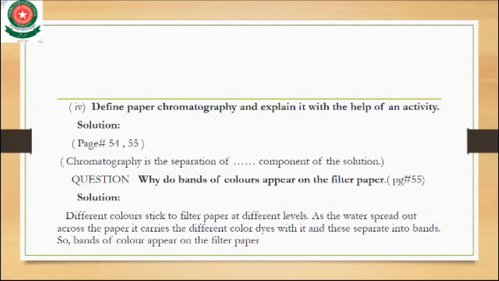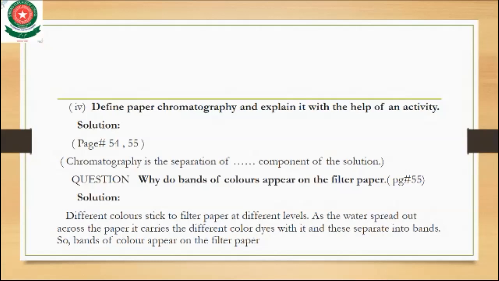And the last question, this is your extra question, you can write it. Why do bands of color appear on the filter paper? Because the different colors stick to the filter paper at different levels.